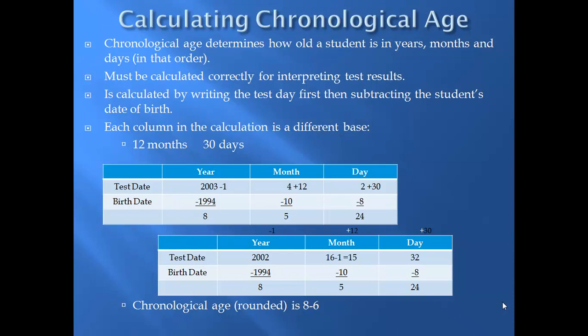So we have to calculate this correctly in order to interpret the test results correctly. And in order to do that, we're going to have to write the test day first, then subtract the student's date of birth.